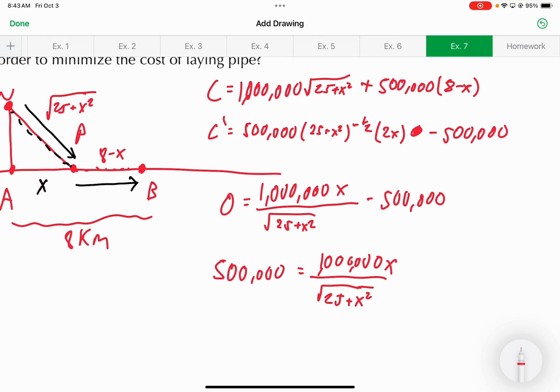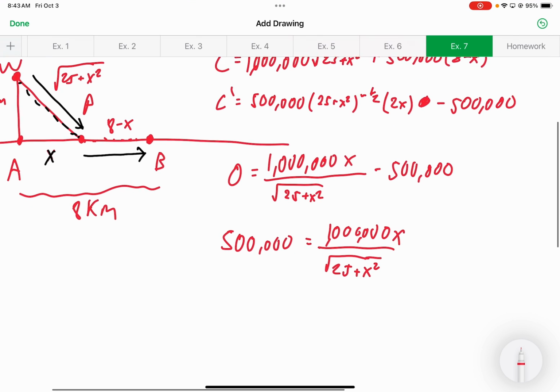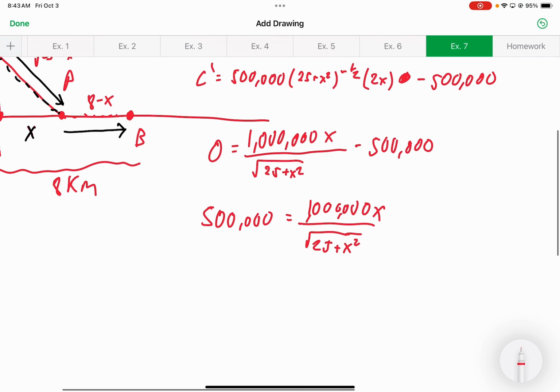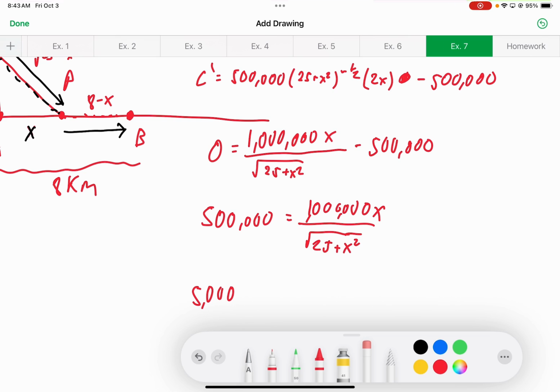There it is. Okay. All right, so let's multiply both sides by square root of 25 plus x squared. No, not 5 million. Oh my gosh.